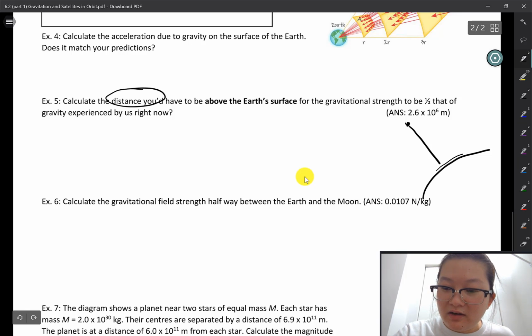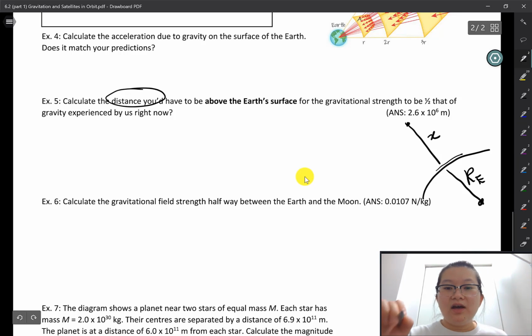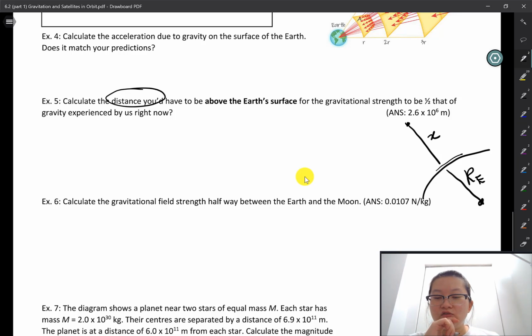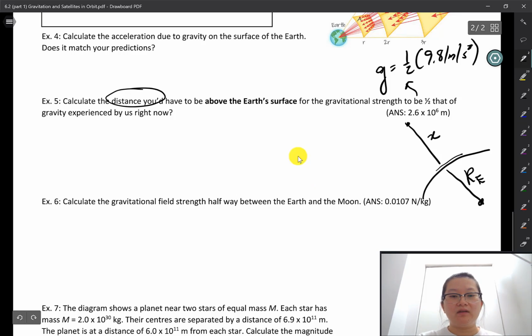So assuming this is the Earth's surface, this is x distance away. Don't forget you still have the radius of the Earth, which I'll label as RE. And we want the gravitational strength to be 1/2 of the gravity experienced by us right now. So we need g to be equal to 1/2 of 9.81 meters per second squared. That's going to be our g value.